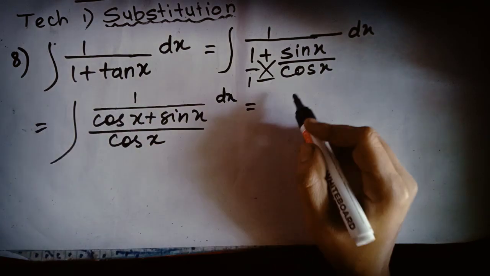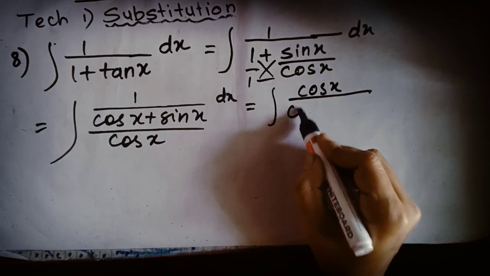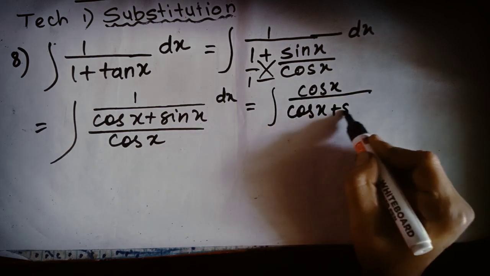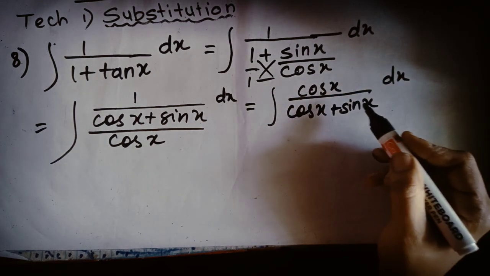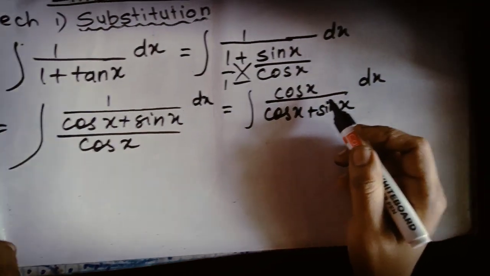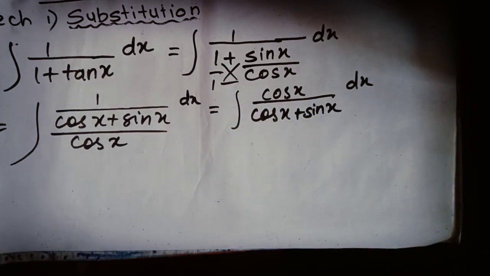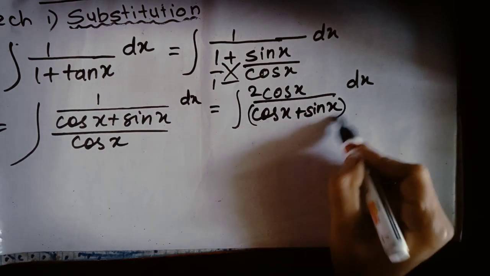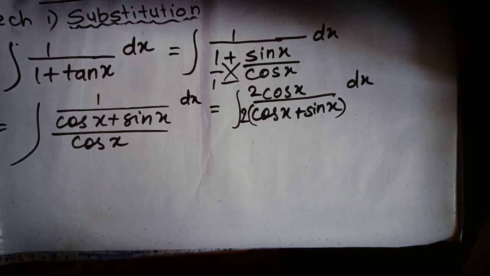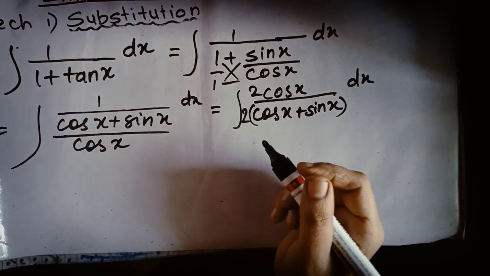So cos x you can take in the numerator: cos x upon cos x plus sin x dx. Now we can't use any t formula here, so I will just multiply the numerator and denominator by 2. So it is 2 times cos x, correct?